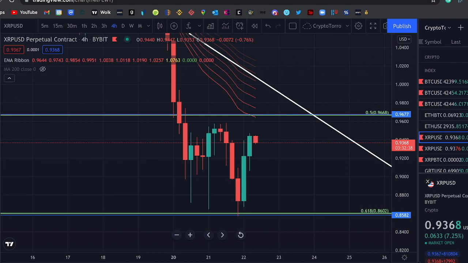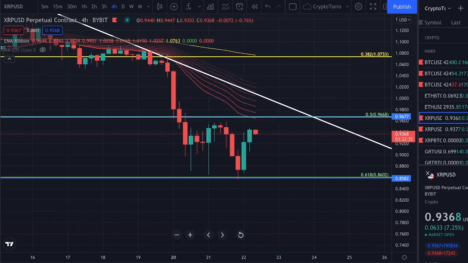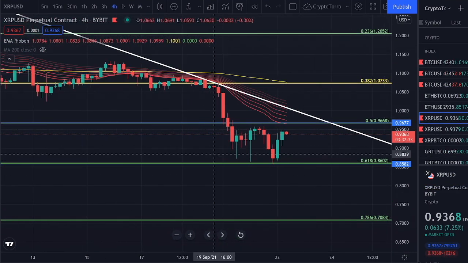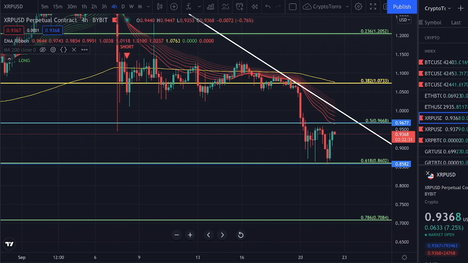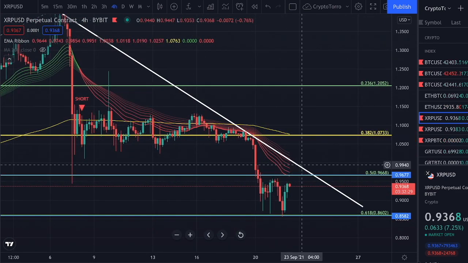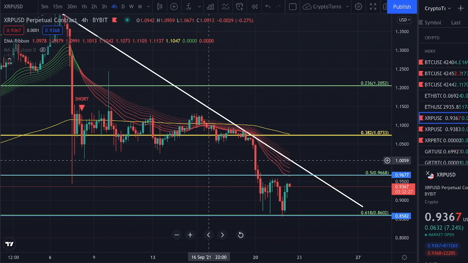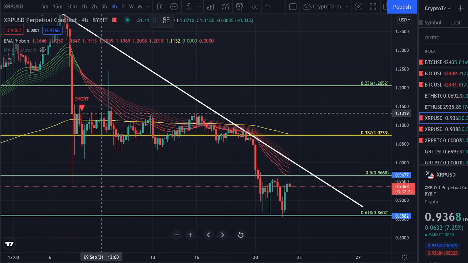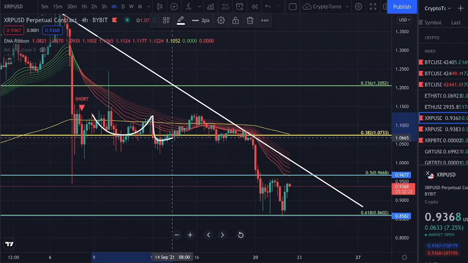Lastly, something you have to take into consideration is that we are still inside of this downtrend, and we might perhaps not be able to break out above the EMA ribbon. But what I think is important right now is that we have retested the EMA ribbon multiple times.